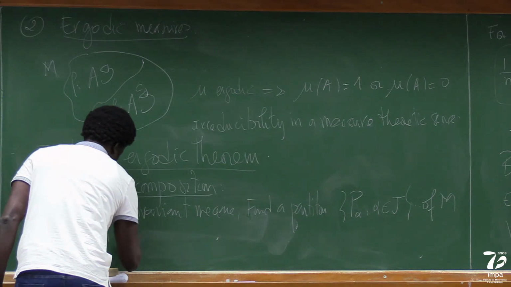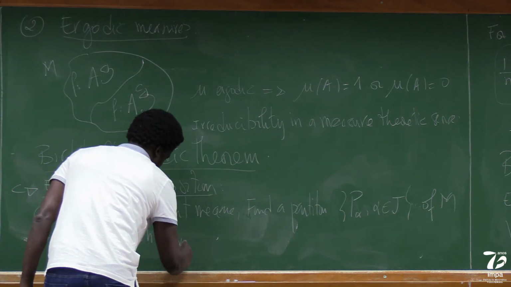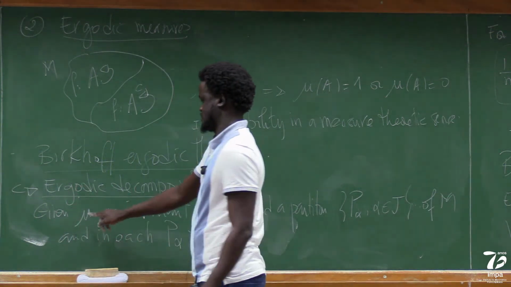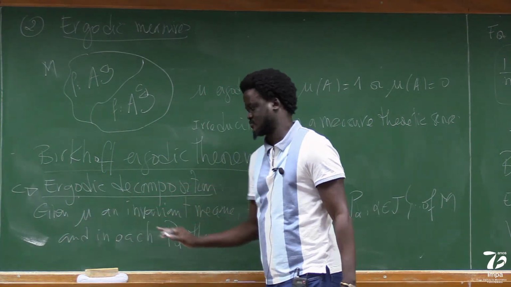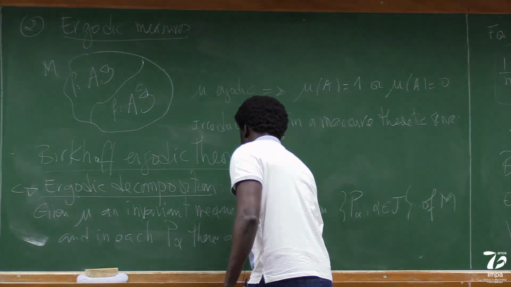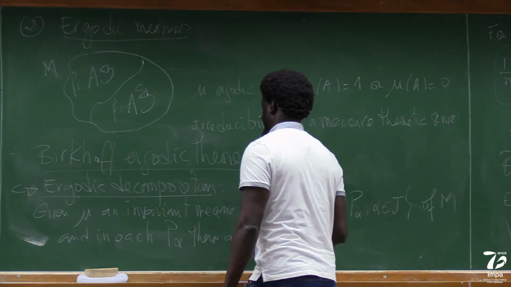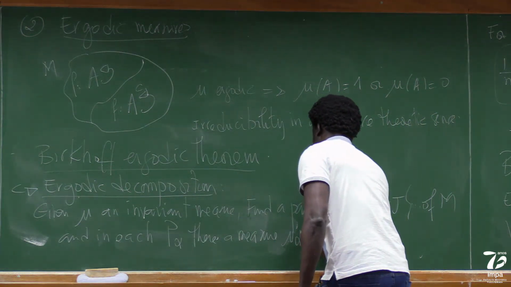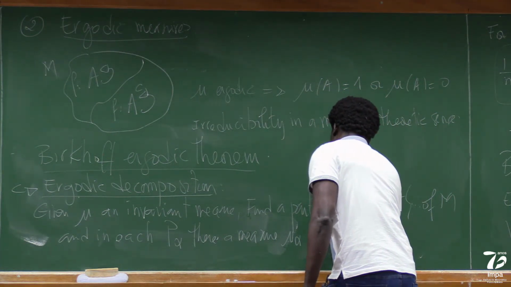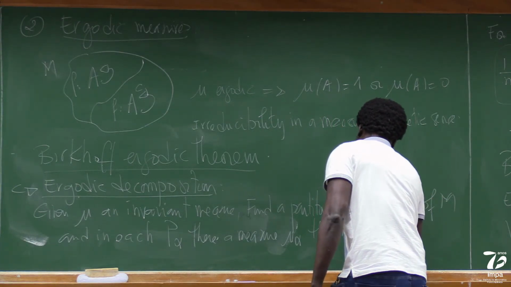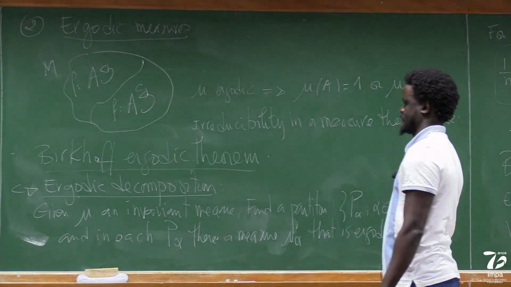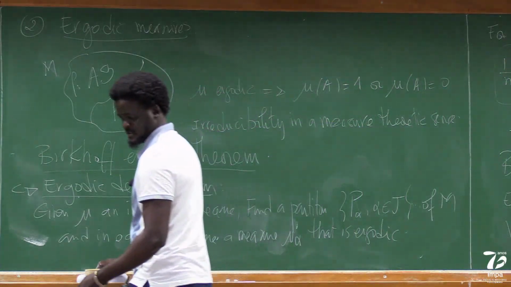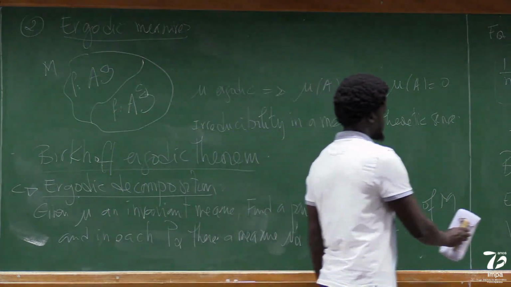This measure is just the restriction of mu to this partition element. So we will see ergodic decomposition.